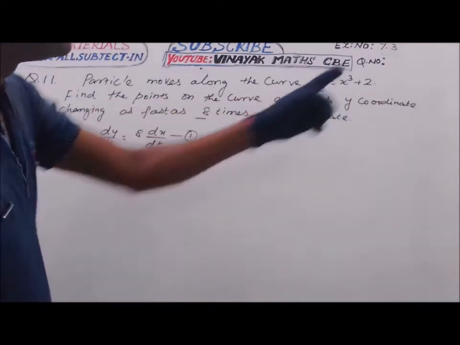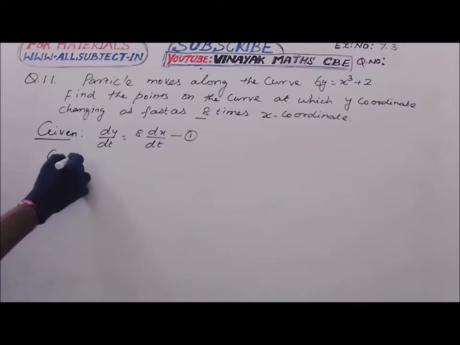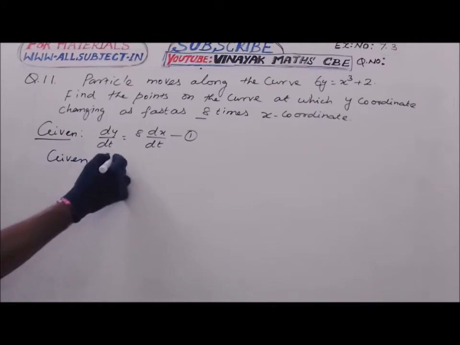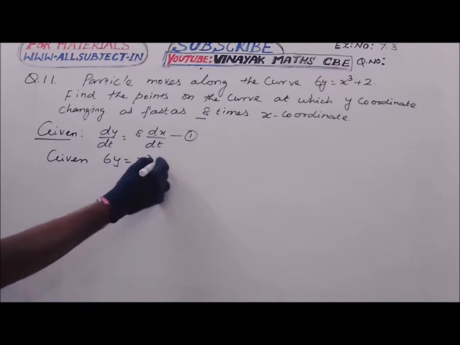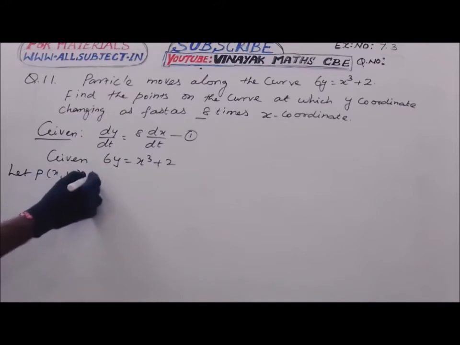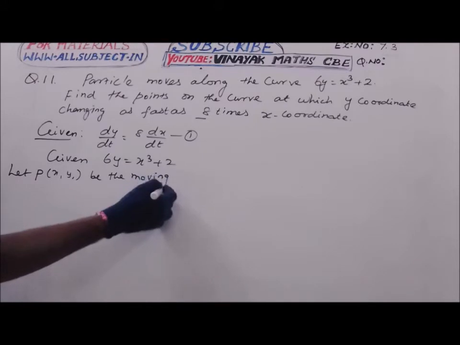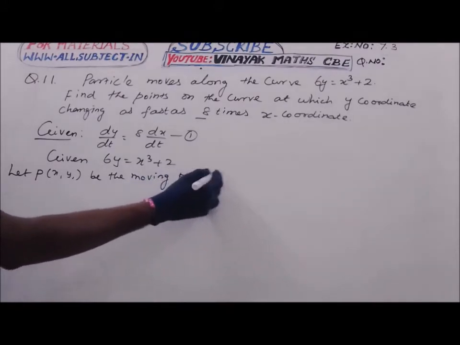And then let the given curve be 6y equal to x cube plus 2. Let the point be x1 comma y1. Let P of x1 comma y1 be the moving point on the curve.